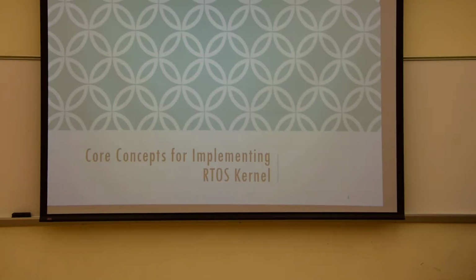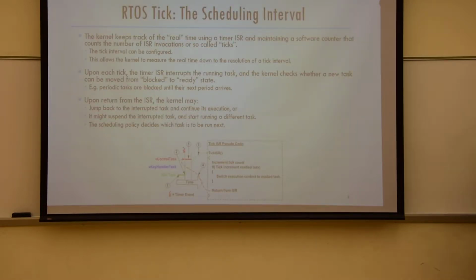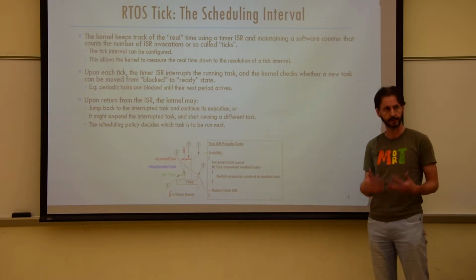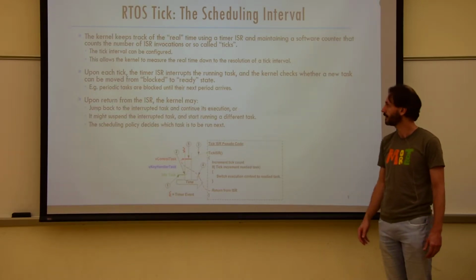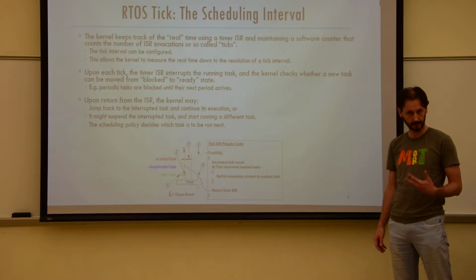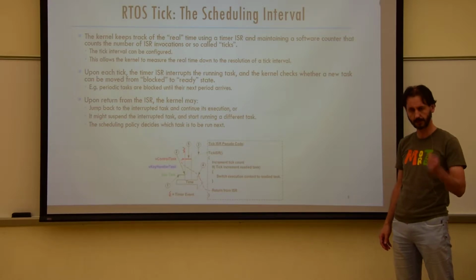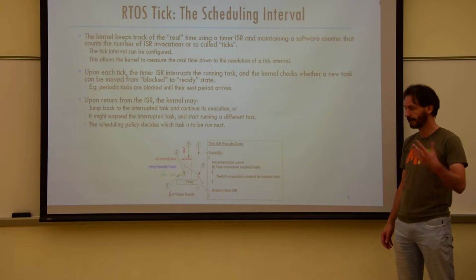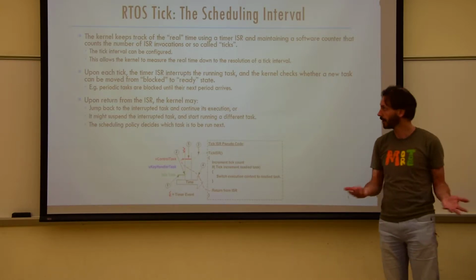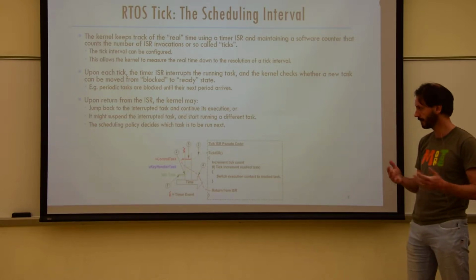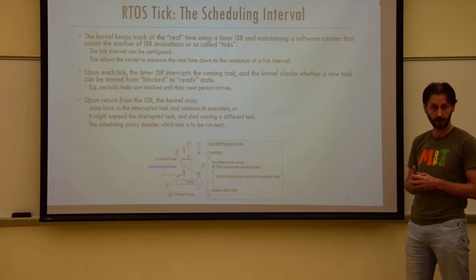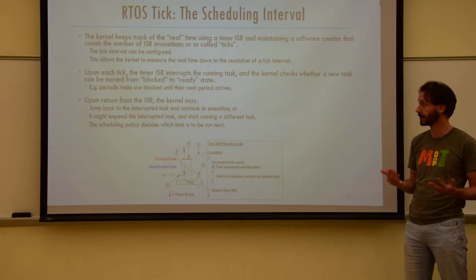So let's talk about core concepts for implementing this RTOS kernel. We've already seen that we need what we call the RTOS tick, like a timer that gives a timer interrupt to the real-time operating system effectively, that can then have a look. Am I going to keep on going with my current task, or should I context switch it out?